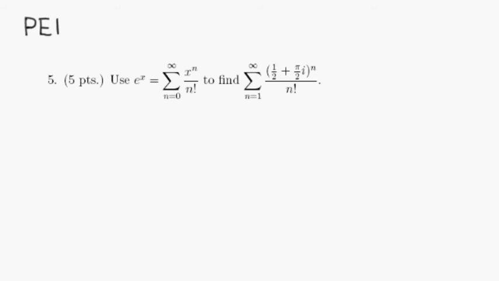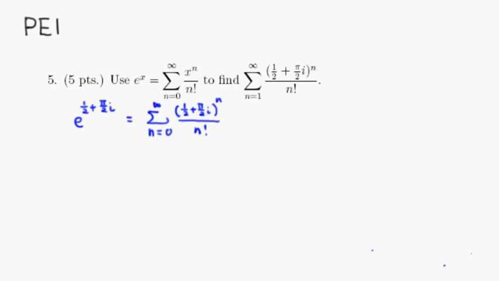If you are looking at, say, e to the 1/2 plus pi over 2i, then the power series of that would be the summation, n goes from 0 to infinity, of (1/2 plus pi over 2i) to the n over n factorial.